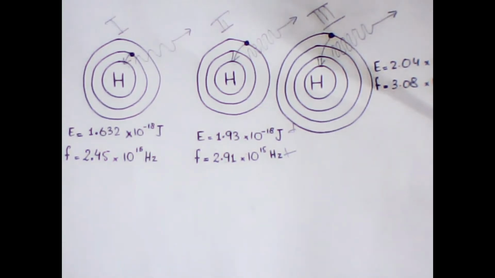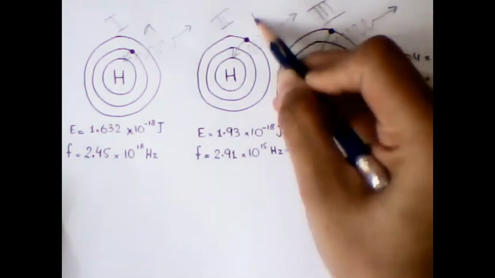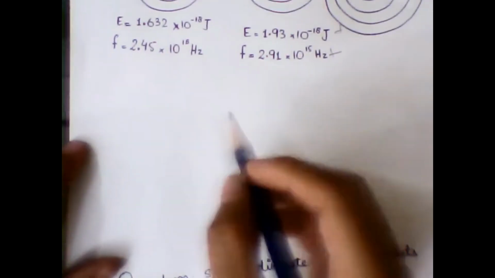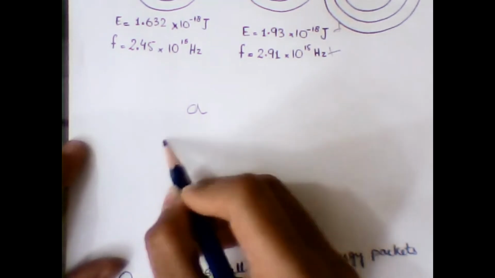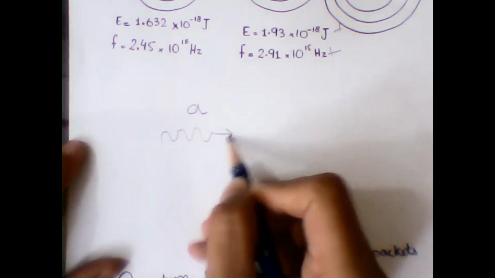Now the question arises: why does energy correspond to frequency, or in other words, why are they directly proportional to each other? To answer this question from a broad perspective, we can say frequency is the speed of a wave or particle. Let's name these radiations A, B and C. This is radiation A of case 1.